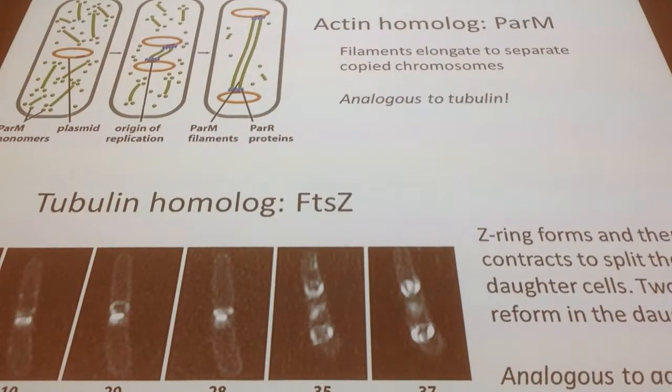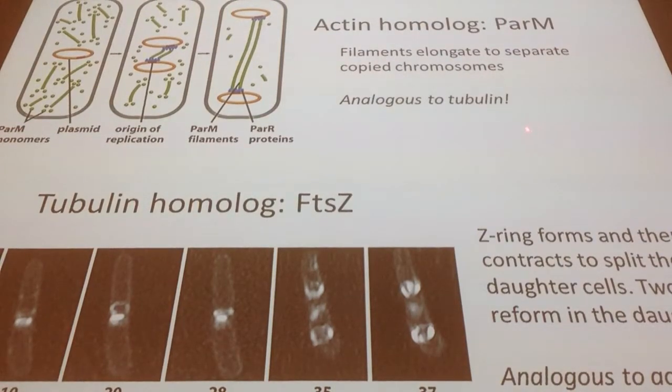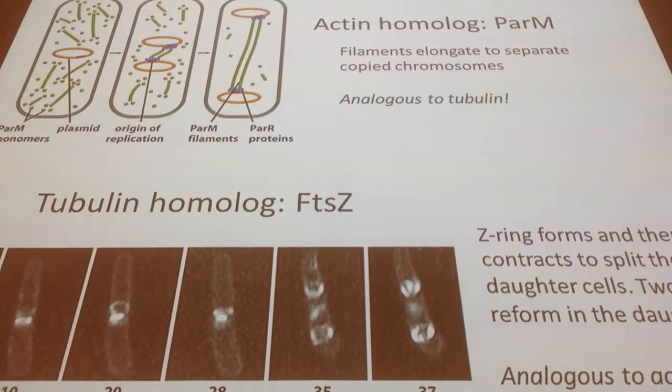But when ParM is assembled, the ParM filament acts more like microtubule. Versus FtsZ, that's how it's pronounced, FtsZ looks more like tubulin, but it performs the same function as actin filaments during cytokinesis, where the contractile ring is formed.